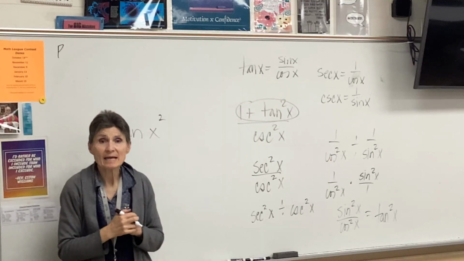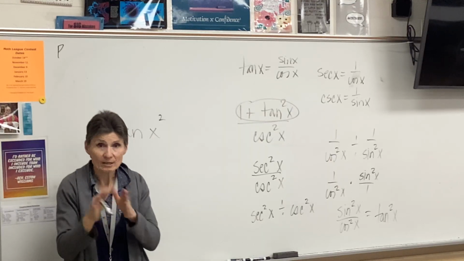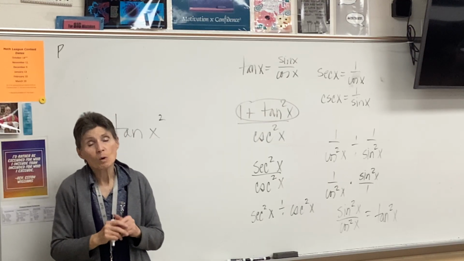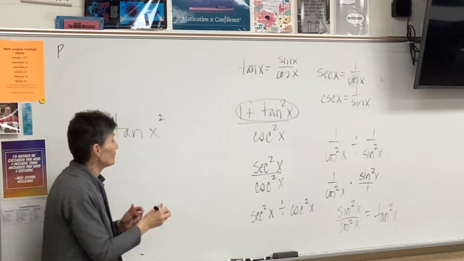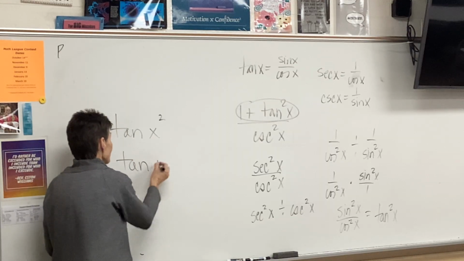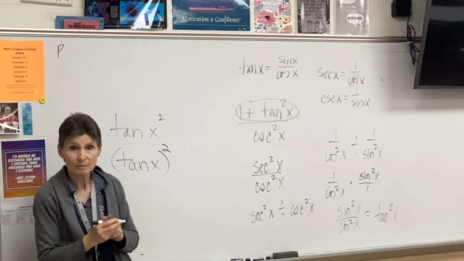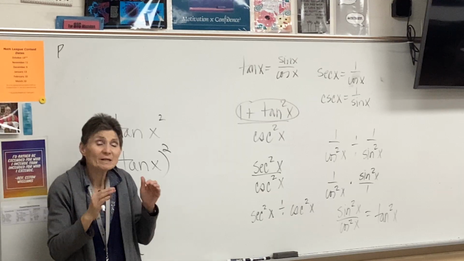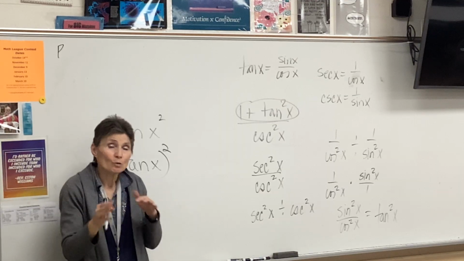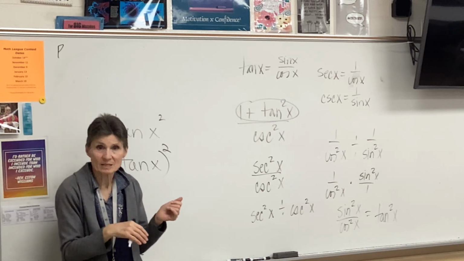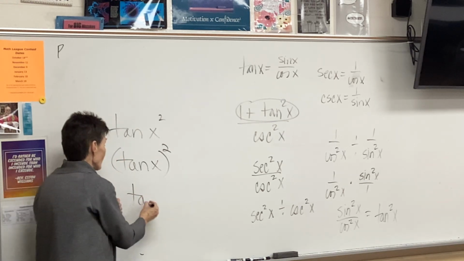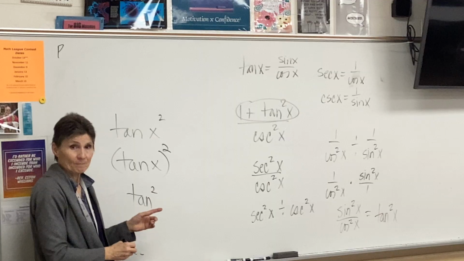That would be the tangent of x squared. If I want tangent to be squared, I would either have to put it in parentheses. This means tangent squared. Or what we do instead, so that we don't have to keep writing the parentheses, we put the squared after the tangent.